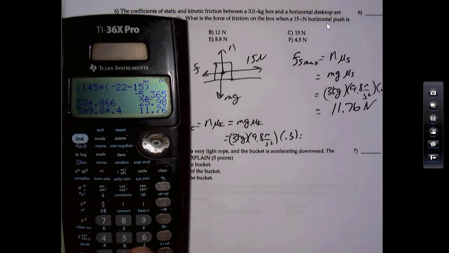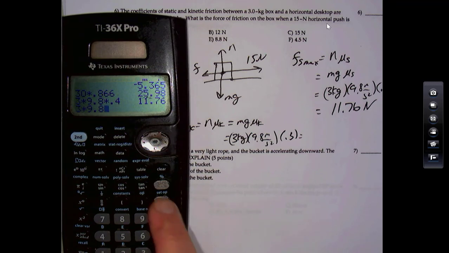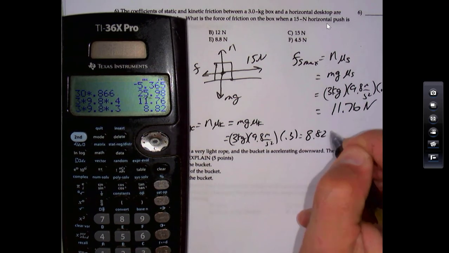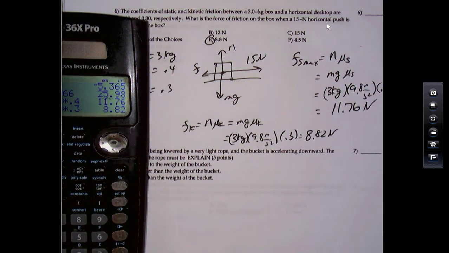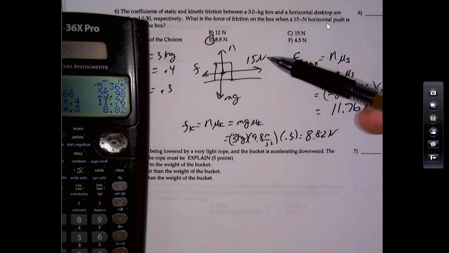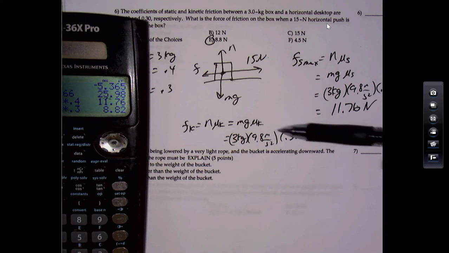Okay, so we've got 3 times 9.8 times 0.3. 8.82. So about 8.8. There we go. Good. So the first thing to do is to check to see if you're above static friction. We are. Our applied force is bigger than static friction, so we know it's kinetic friction.